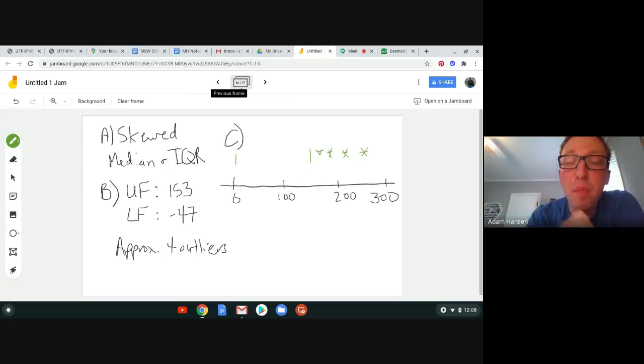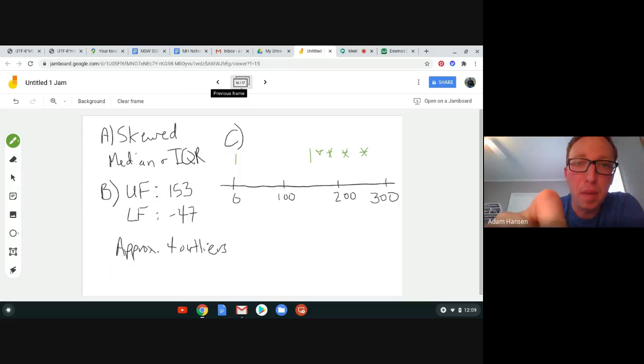I'm going to mark those with little asterisks or stars. Any outliers on the box plot are marked with little stars, asterisks, and I stop the box plot that I'm going to draw here in a second at the largest non-outlier value. So we've got our minimum, our maximum, the outliers.